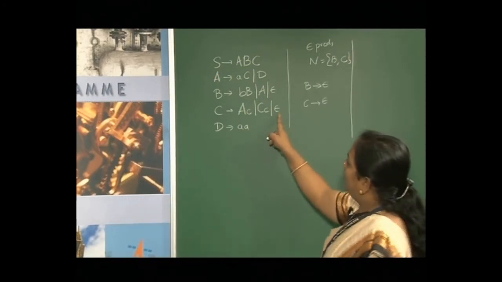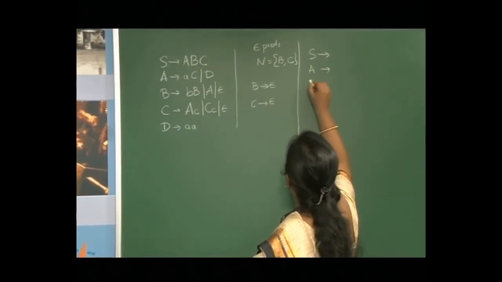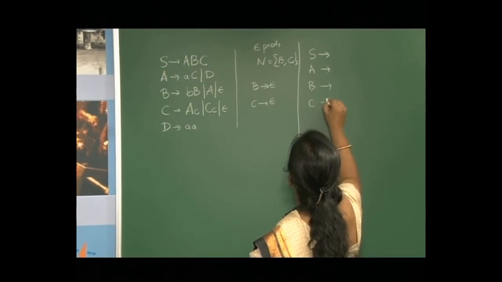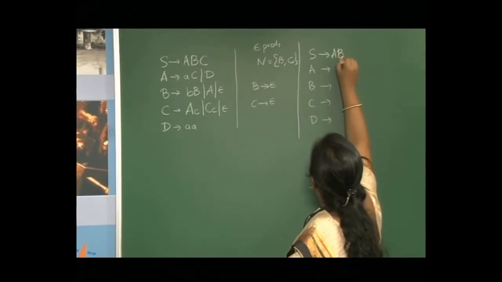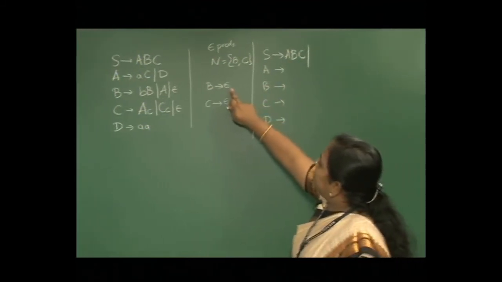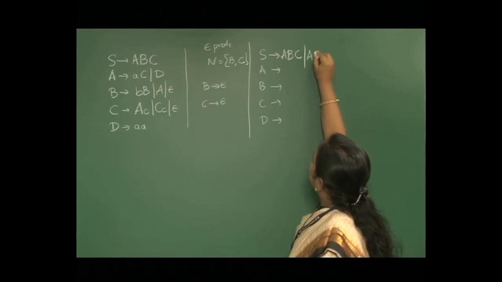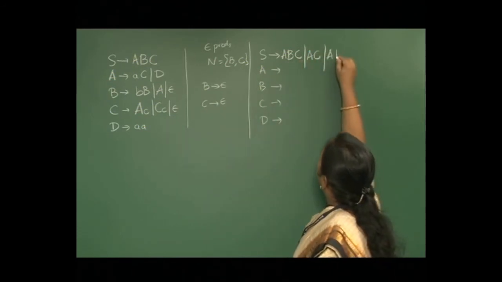On substituting these productions, we will get S tends to A, B, C, or here if B is epsilon I will get AC. If C is epsilon, then I will get AB.